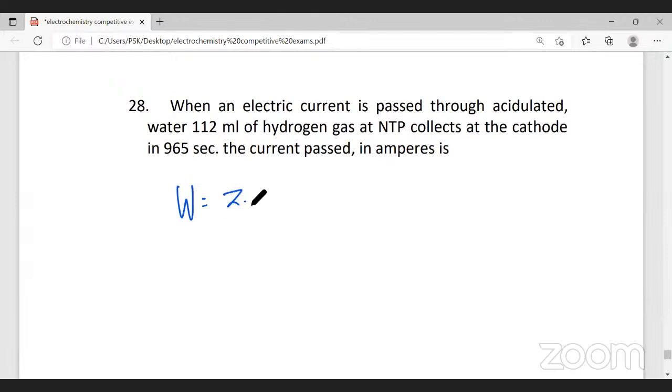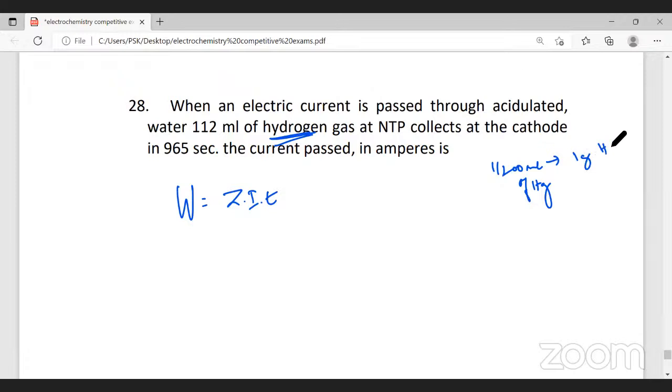W is equal to Z into I into T. Since we are talking about hydrogen, what will the electrochemical equivalent be? Firstly, 11,200 cm³ or ml of hydrogen gas will weigh 1.008 grams.